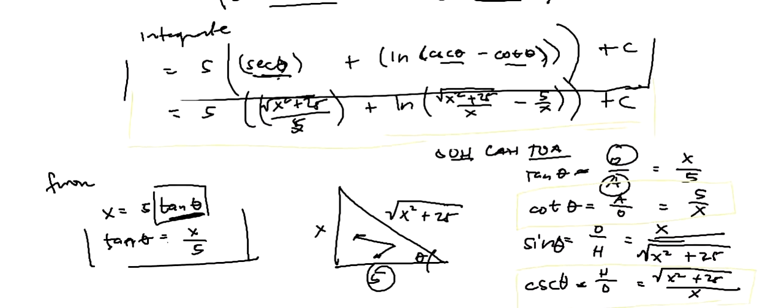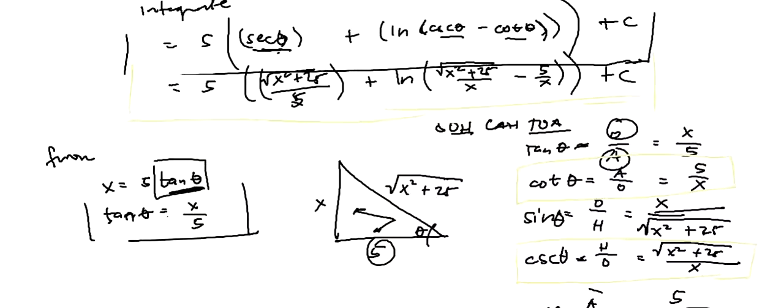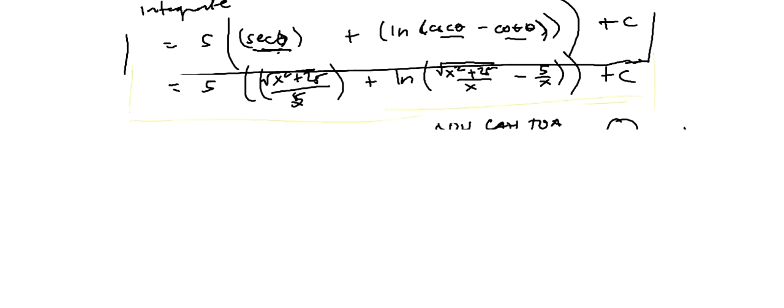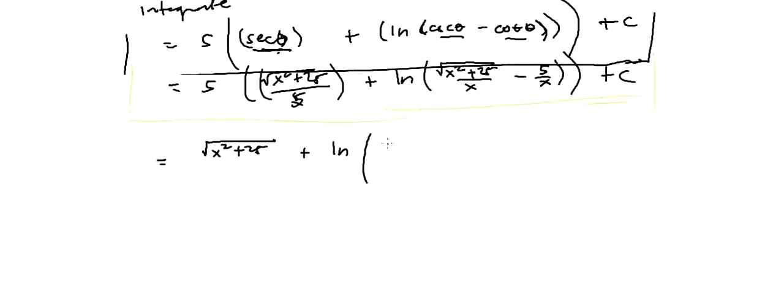And if you still want to simplify this, you can now multiply the 5. So we have square root of x squared plus 25, since 5 divided by 5 is just 1, plus ln of square root of x squared plus 25 minus 5 all over x, and then our plus c.